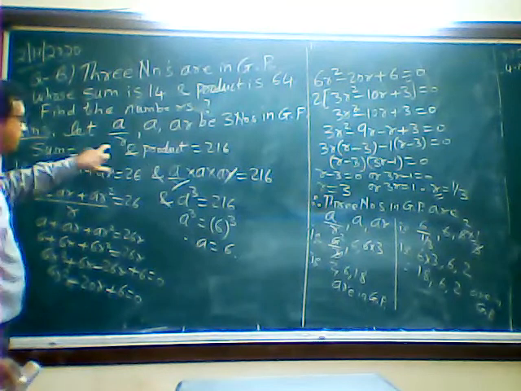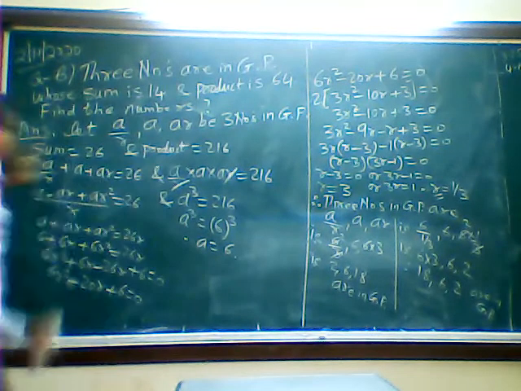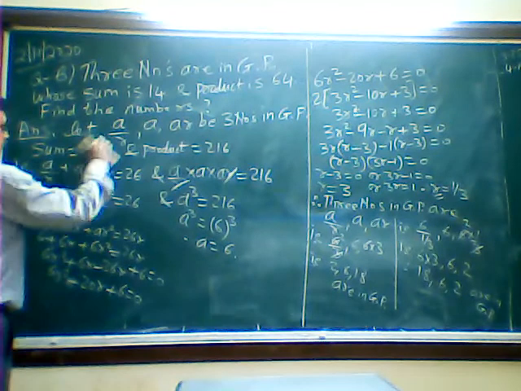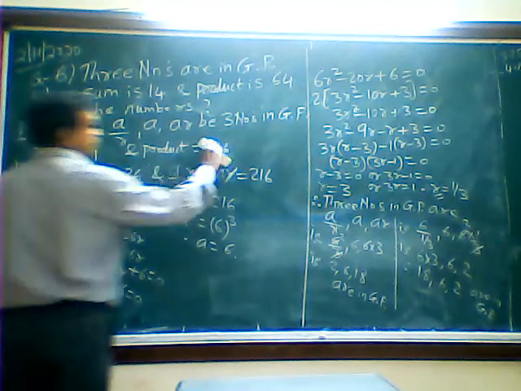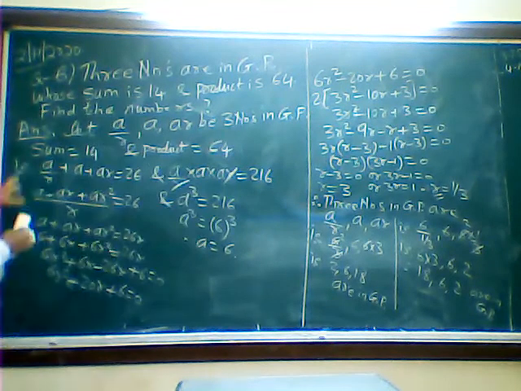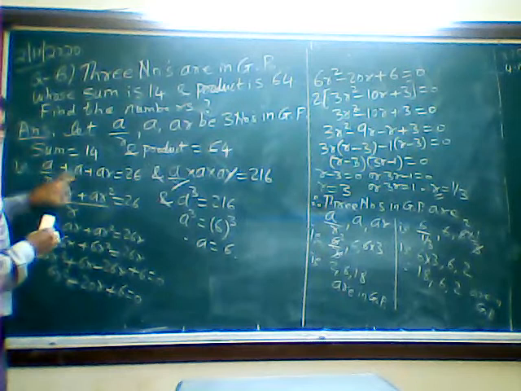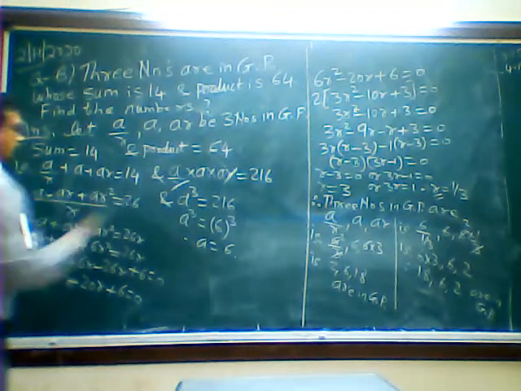Let a upon r, comma, a, comma, ar be three numbers in GP. The sum given here is 14, and the product is 64. That is, the sum is a upon r plus a plus ar is equal to 14.